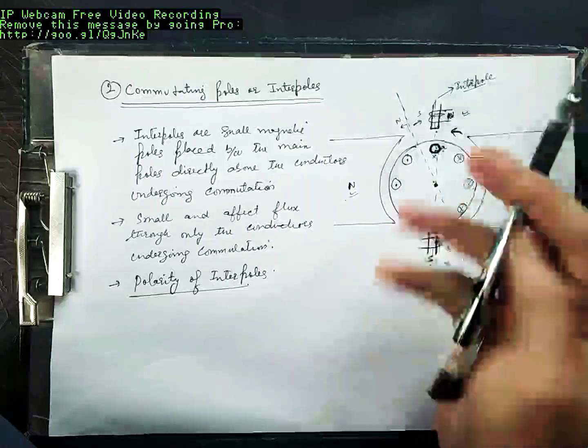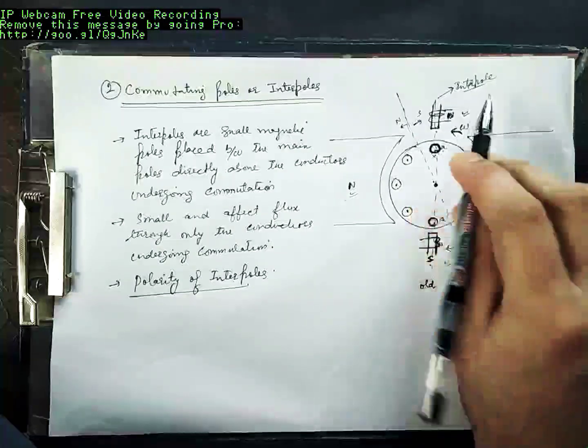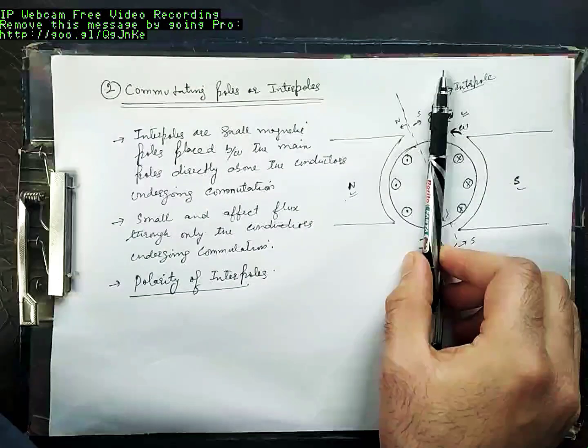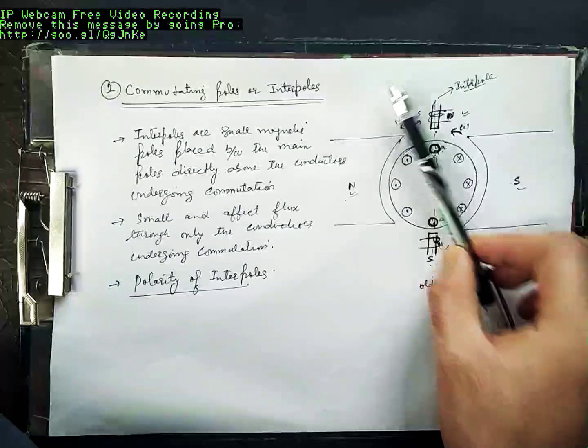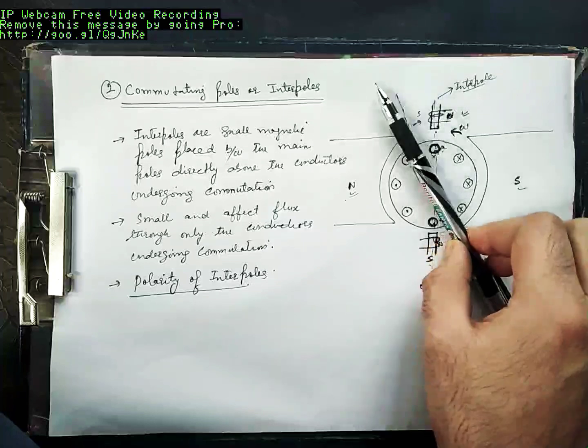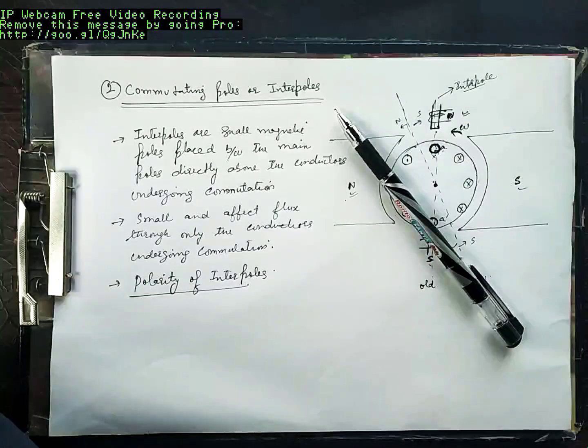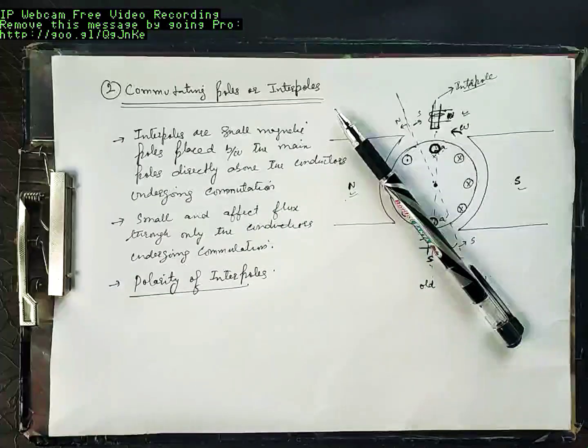Since this is direction of rotation omega, this was initial magnetic neutral plane, now this is new magnetic neutral plane. New magnetic neutral plane is shifted in the direction of rotation for generators.